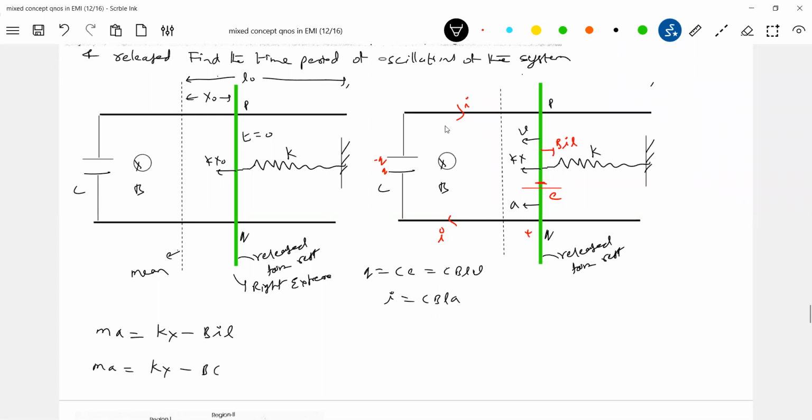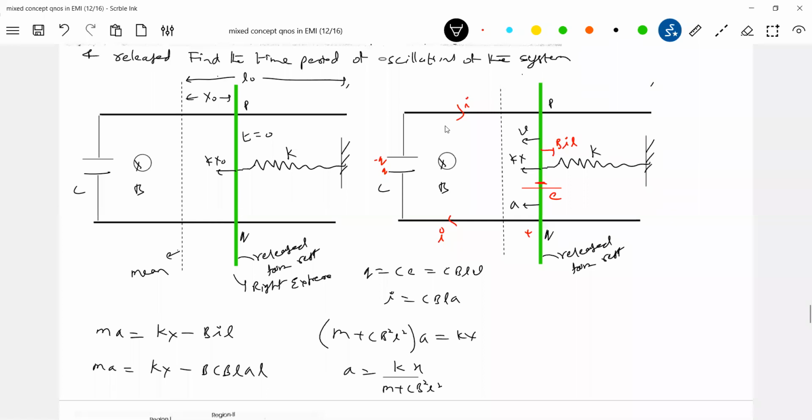So in place of I, I'll write CBLa into L. Bringing it to that side, this will be M plus C B square L square into a equal to Kx. Or a is equal to K by (M plus C B square L square) times x. And this acceleration is opposite to displacement. So I'll get the time period. Is it our answer?